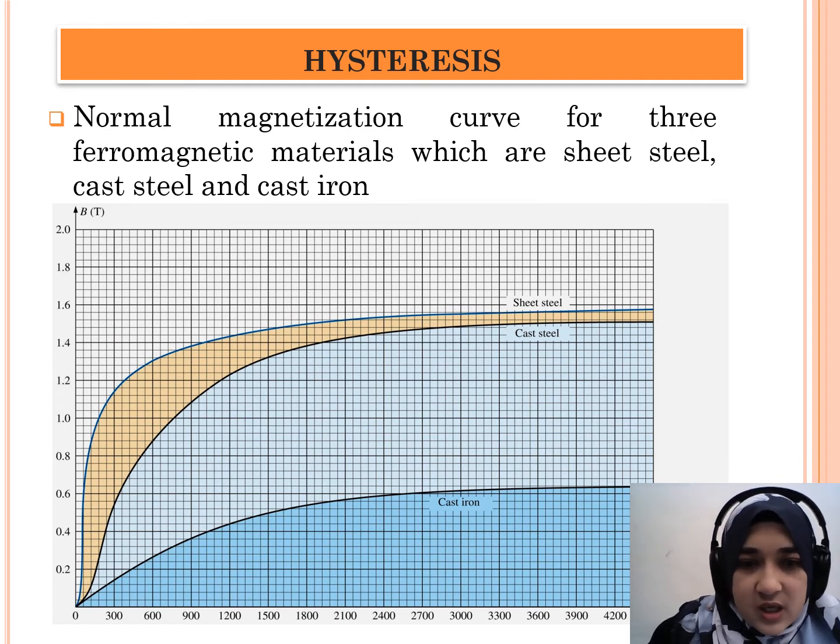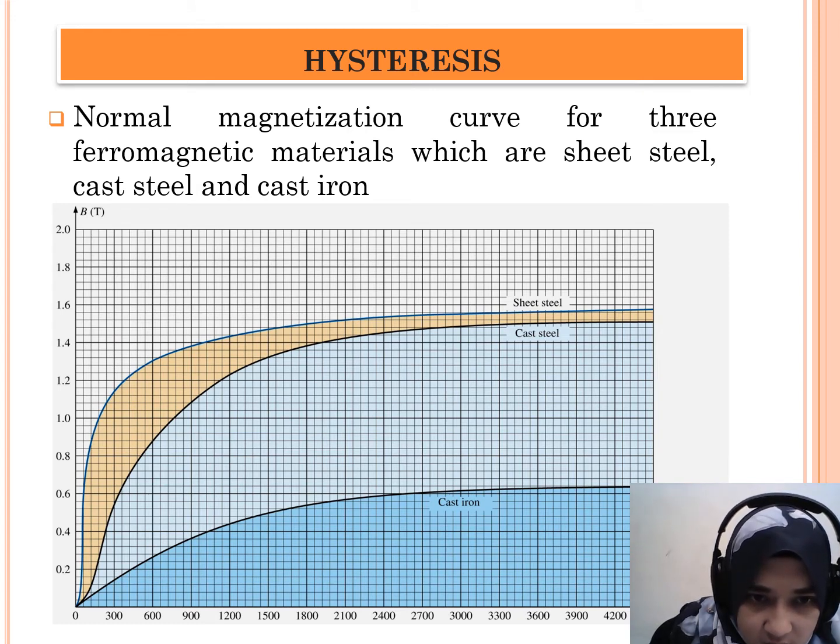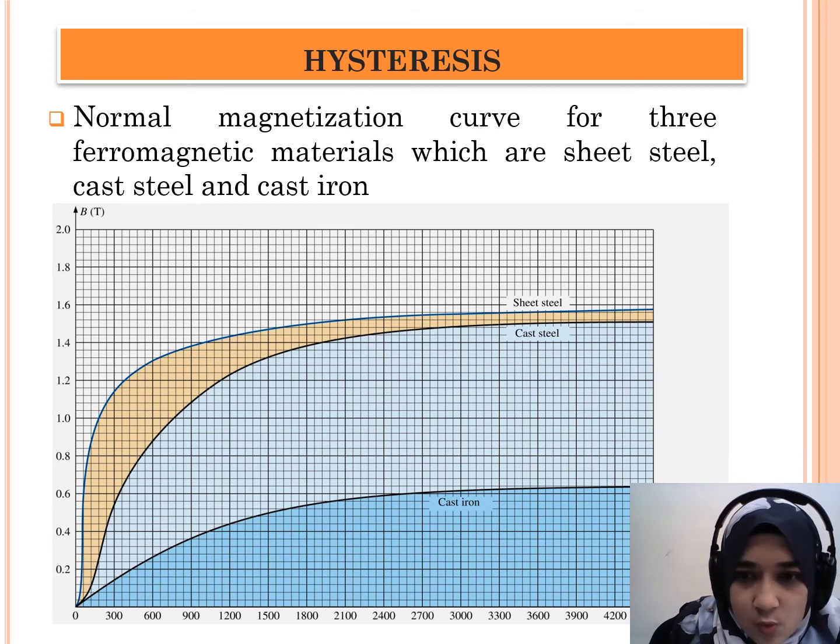So how to read it? We can read from here the B, for example, 1.2 Tesla. If the material is sheet steel, we go from 1.2 across until the orange line for sheet steel, then go down, and you can read the value at the x-axis.